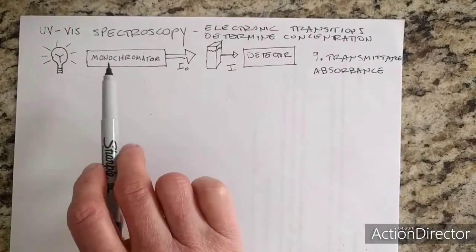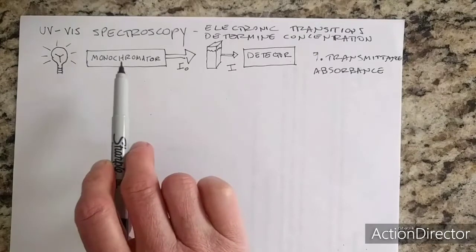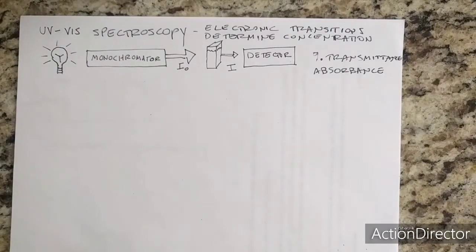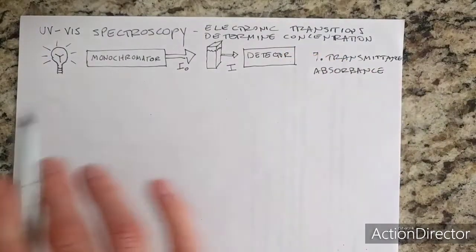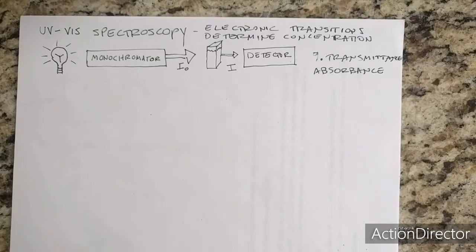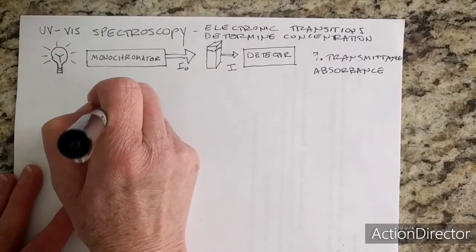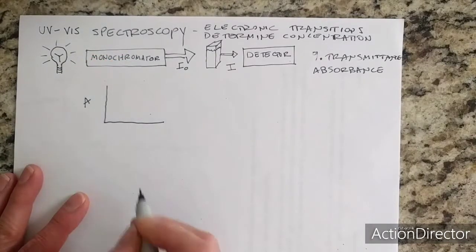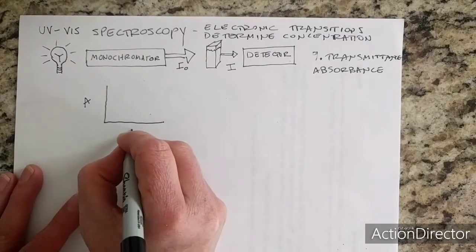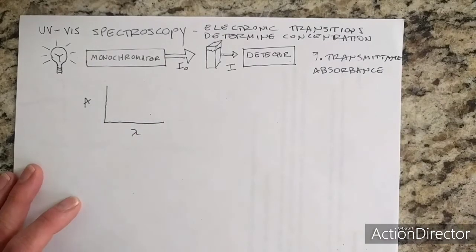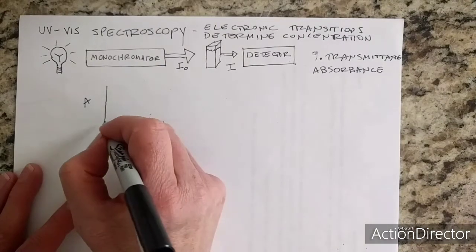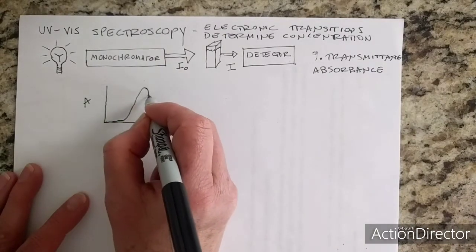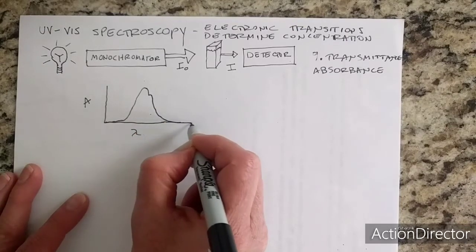How do we figure out what wavelength we need to use for our particular sample? So for that, we would run our sample under different wavelengths and measure the absorbance. So a graph of that might look like this, where we have absorbance on the y-axis and the wavelength that is being absorbed on the x, and we might have a graph that looks something like that.